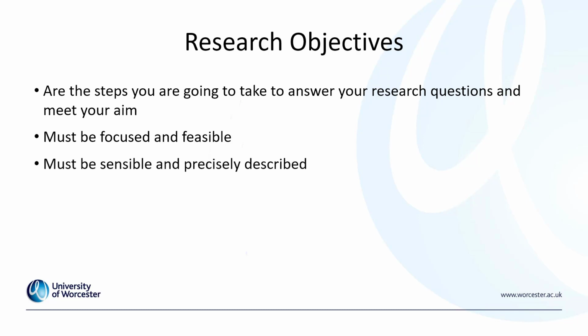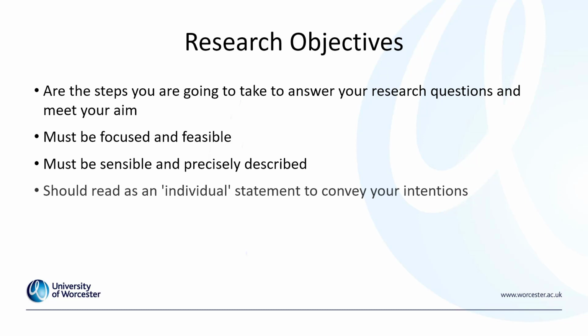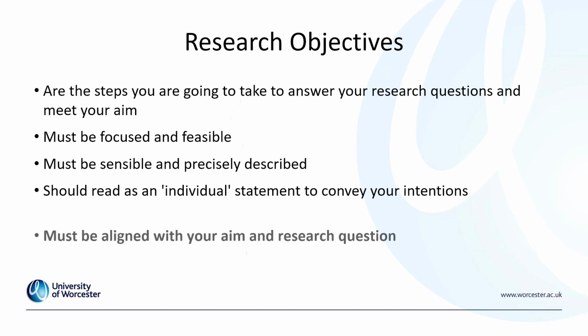So they must be sensible and precisely described. They should read as an individual statement to convey your intentions. And very importantly, they must be aligned with your research aim and your research questions, because these are the steps to answering your research question and meeting your research aim.